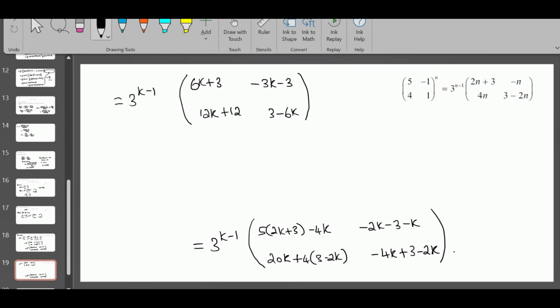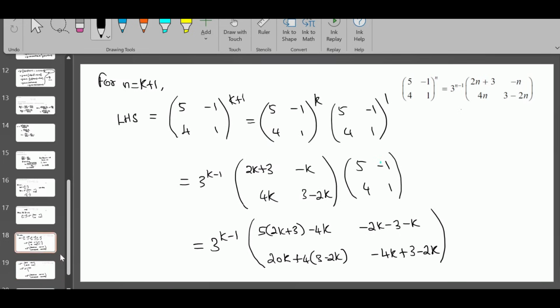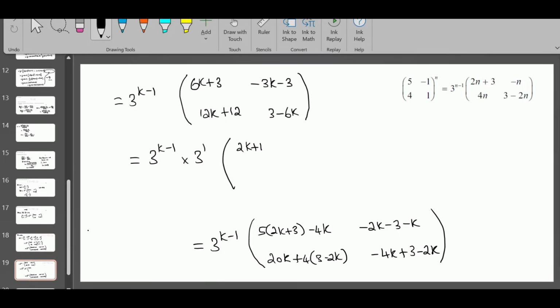I'm going to take 3 as a common factor because every term is divisible by 3. So when I take 3 as a common factor, I will have 3 power 1 here. This becomes 2k plus 1. Wait, did I miss something? It was 15 when I opened the bracket. Why did I put 3 here? It was 15, right? So 2k plus 5. And then minus k minus 1. 4k plus 4. Minus 2k plus 1.